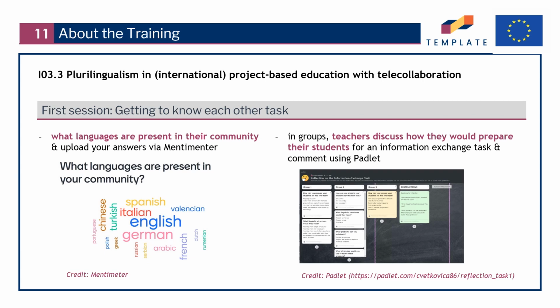Moreover, a survey was done via Mentimeter to identify the languages present in their community. After this, the teachers were asked to discuss how they would prepare their students for an information exchange task, and the comments were posted in the Padlet. So this was the reflective section of the first session.